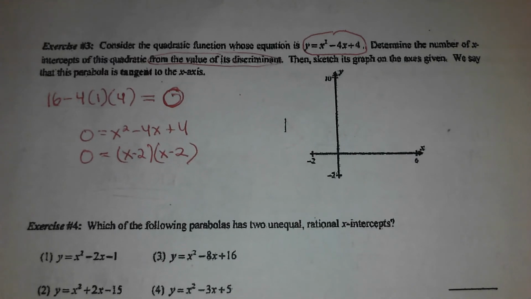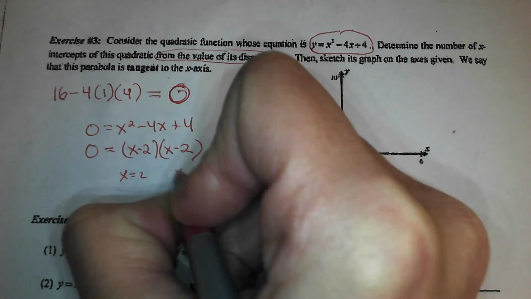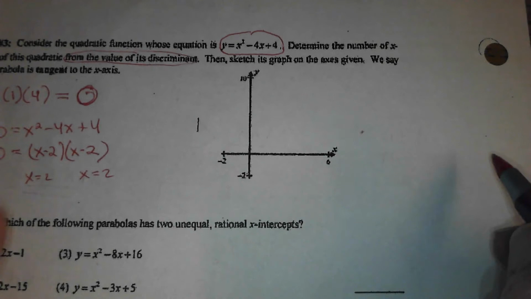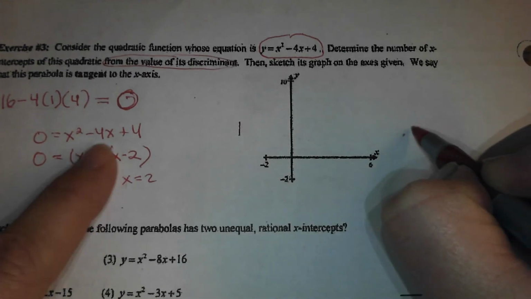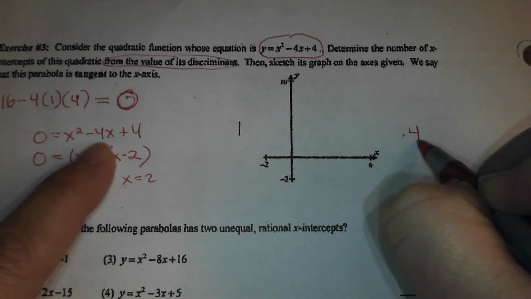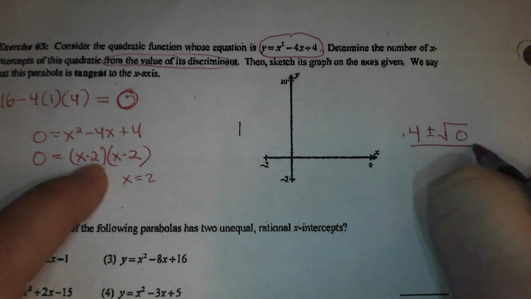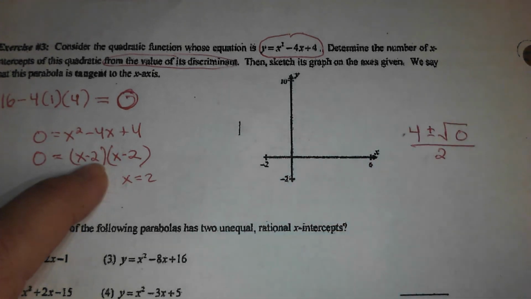So when you tee this up, you're going to get x equals 2 as a solution and x equals 2 as a solution. Well, guess what? Just to make the parallel, if you were doing the quadratic formula, you would have gotten 4 plus or minus the square root of 0 all over 2.